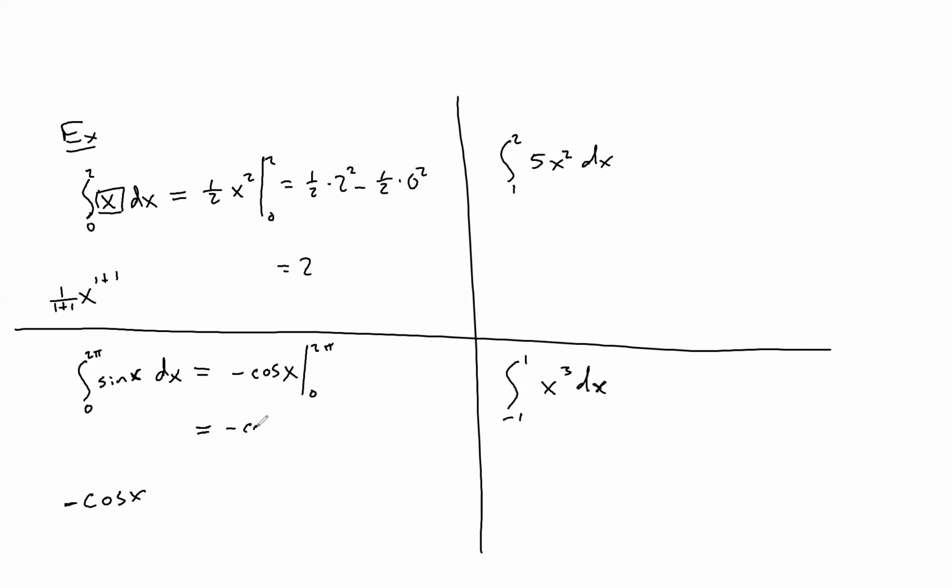So I've got negative cosine of 2 pi minus a negative cosine of 0. If you think about your unit circle, cosine of 2 pi and cosine of 0 are the same thing. They're both 1. So I have -1 plus 1, which is 0.